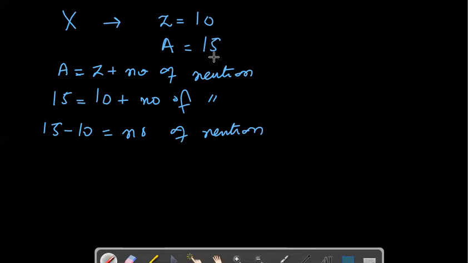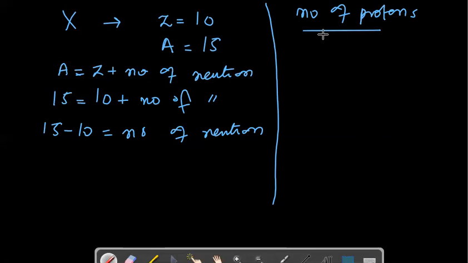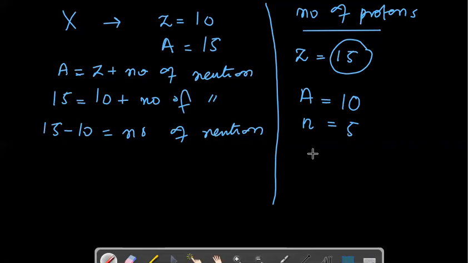Okay, moving next, if they ask about the number of protons. If they give you that the atomic number of a species is 50, what should be the number of protons in that species? The number of protons in that species would be equal to 50. Or if they just give you A, if they say that A for any species is 10 and the number of neutrons in that species is 5, what should be the number of protons?